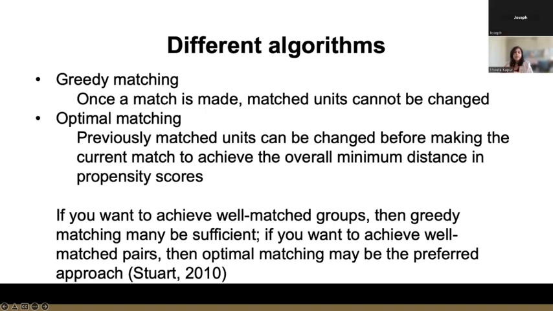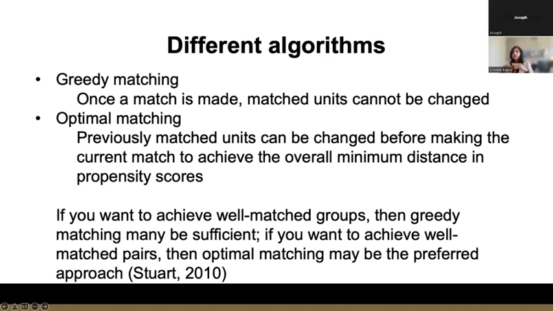One of the ways is greedy matching. This is the one wherein once the match is made, the matched units cannot be changed. Think of it like you're greedy, you just want a match to be made, and once the match is made, those observations are out of consideration. The next way is optimal matching.